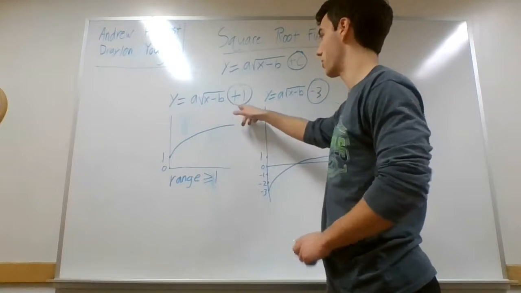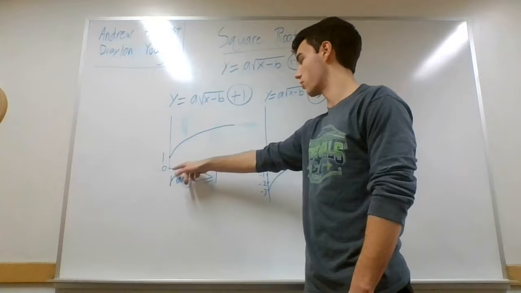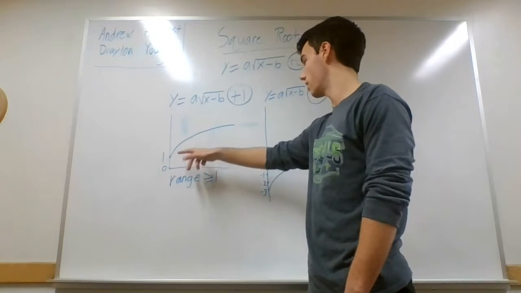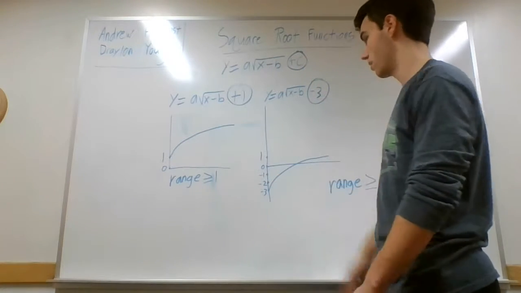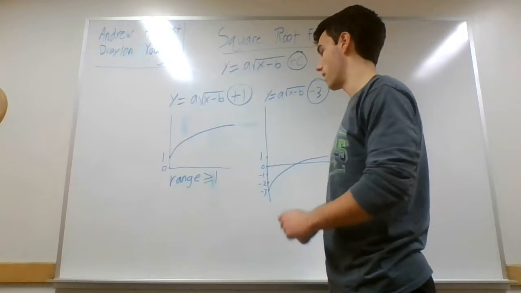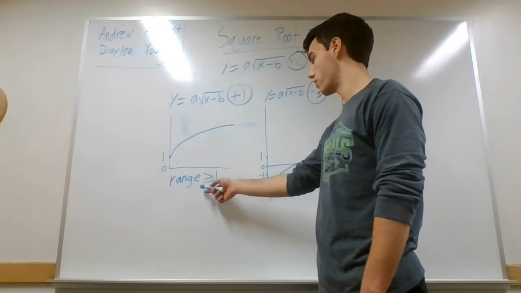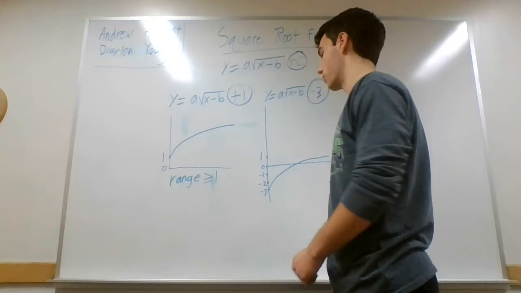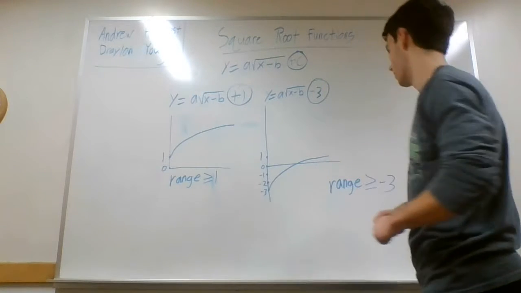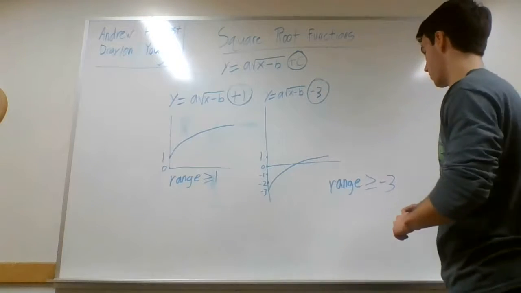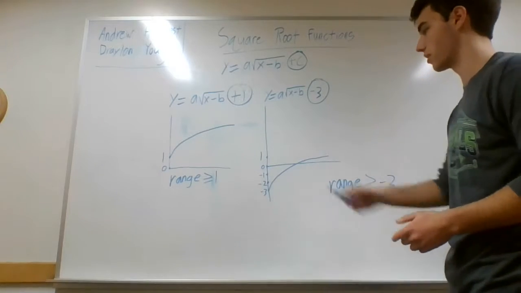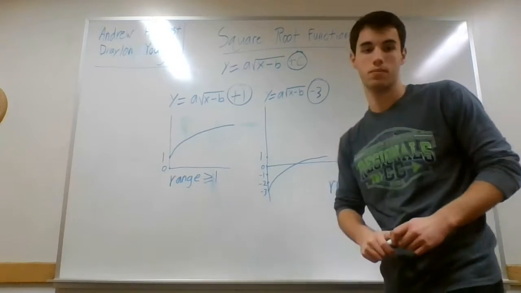So you can see in this equation, it's plus 1, so we're shifting our graph up 1. It's still the same graph as this one, but it's just shifted up 1 more. And so you can note that the range is now everything greater than or equal to 1. And here, the range is now greater than or equal to -3. But it's still the same graph with the same slope.